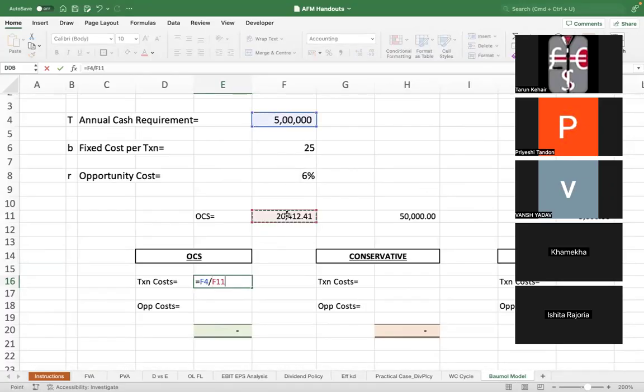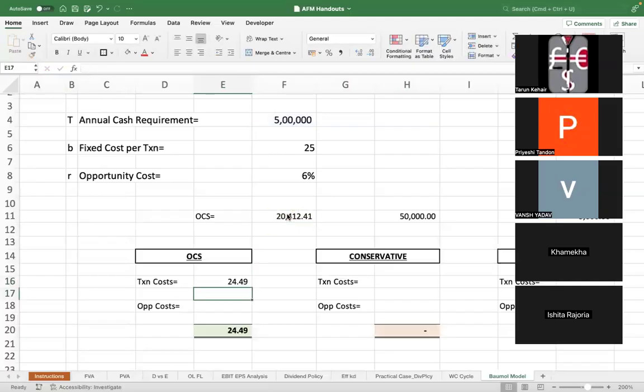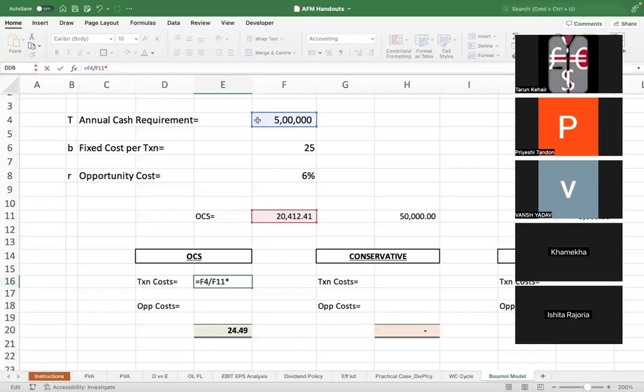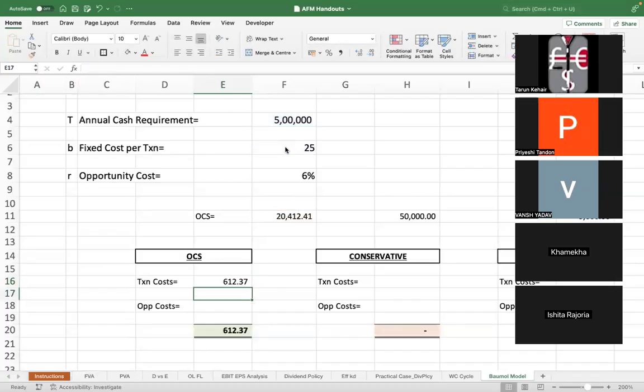Every time I'm withdrawing 20,412, which means I'm making so many withdrawals. Now, this particular model and the EOQ model assume that these are infinitely divisible, so we don't need to round off. So we will multiply this with the per transaction cost, and we will get the total transaction cost to be 612 rupees and 37 paise.